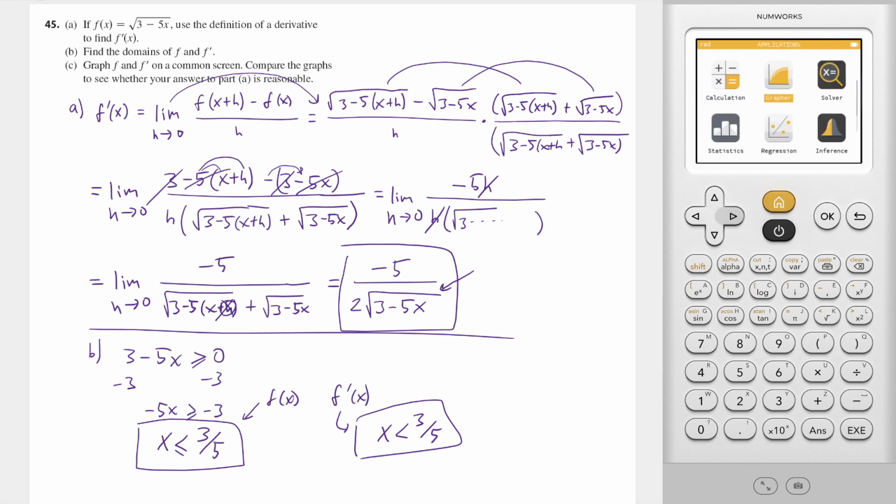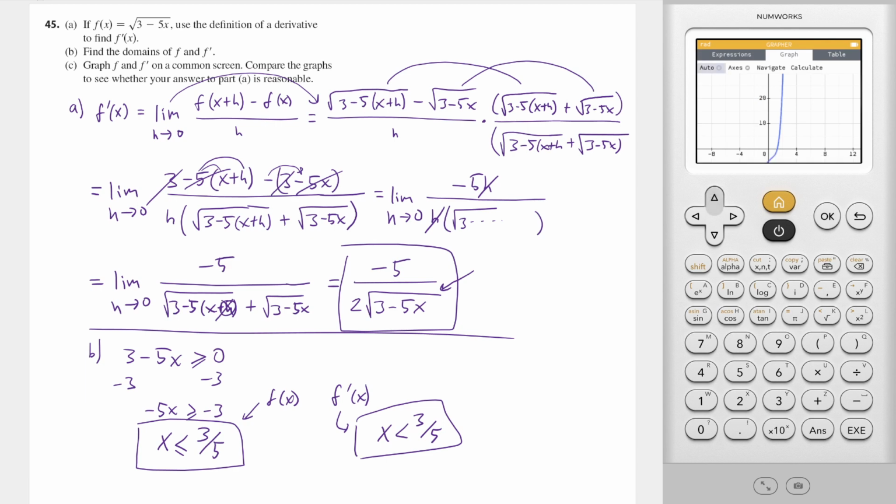So let's go to my grapher, and we're going to graph them both on the same screen, and we'll see if our answer seems reasonable. So first I'll graph f of x. So the square root of 3 minus 5x. Okay, put that in. And we'll add another one.